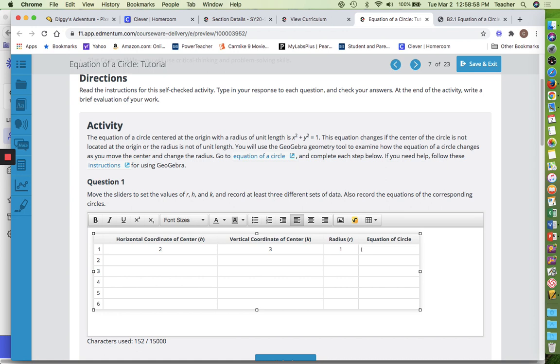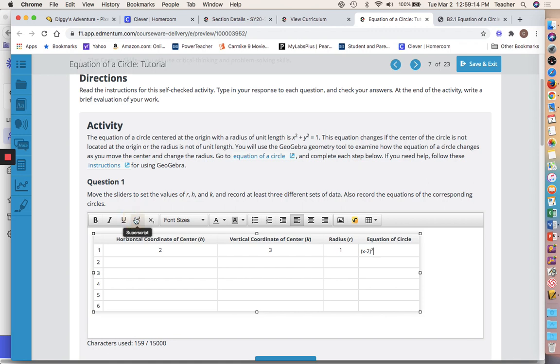You're going to open a parenthesis and you're going to put in x. Now, whatever this coordinate is, the opposite sign goes in what's in the problem. So this is a positive 2. You're going to put minus 2 in the parenthesis, and you're going to square that. You're going to put a plus sign, because your formula is supposed to be a plus.